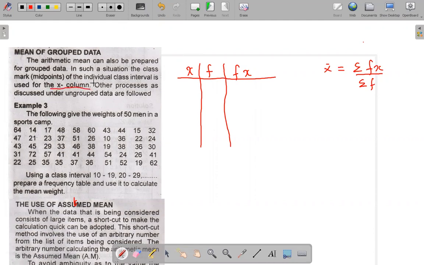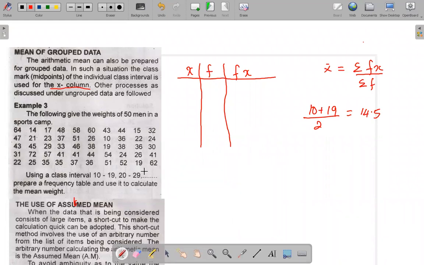That is what this statement is saying, that in such a situation, the class mark or midpoint of the individual class interval is used for the X column. And recall that to get the class mark, we add the lower class limit to the upper class limit, then divide the result by 2. So for this first interval, the class mark will be 10 plus 19 divided by 2. 10 plus 19 is 29. 29 divided by 2 is 14.5.